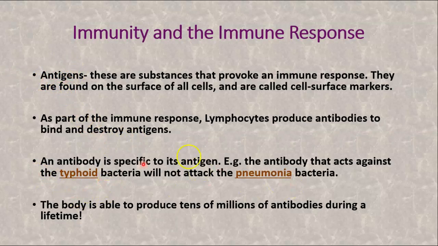So the antibody is specific to one antigen. Also, the body is able to produce tens of millions of antibodies during a lifetime.